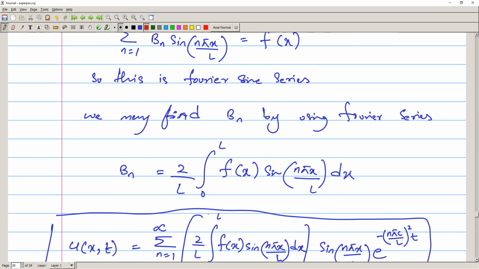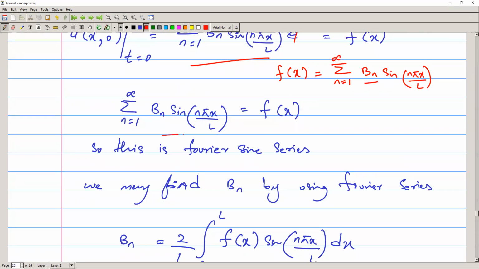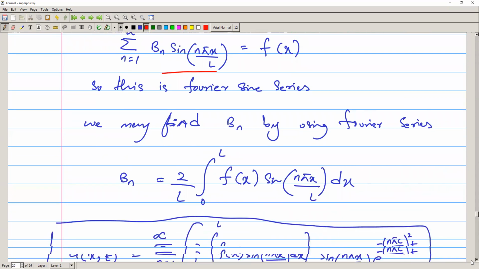We are only calculating the sine series because in the equation we have a sine series. If we have a cosine series in some other problem, we use the cosine series. But here we only have a sine series, so we are using the sine series.